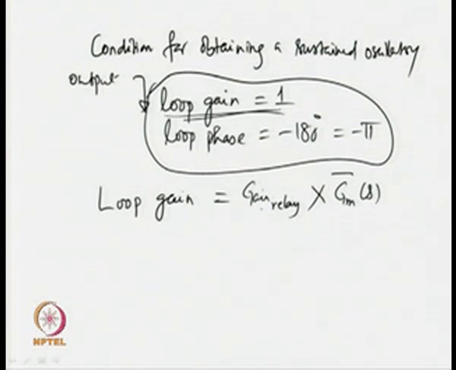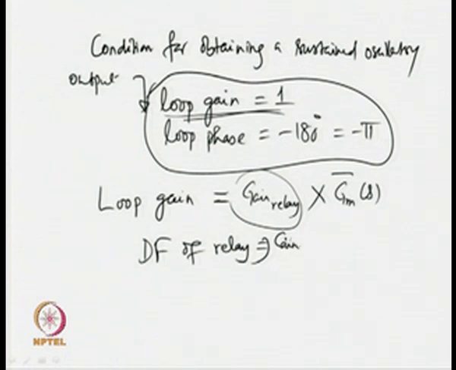Now, the loop gain is given by the expression: loop gain is equal to gain of the relay times GM bar S. What is the gain of a relay? Using the describing function analysis of a relay, we can get the gain for the relay, which is given by 4H by pi AP.